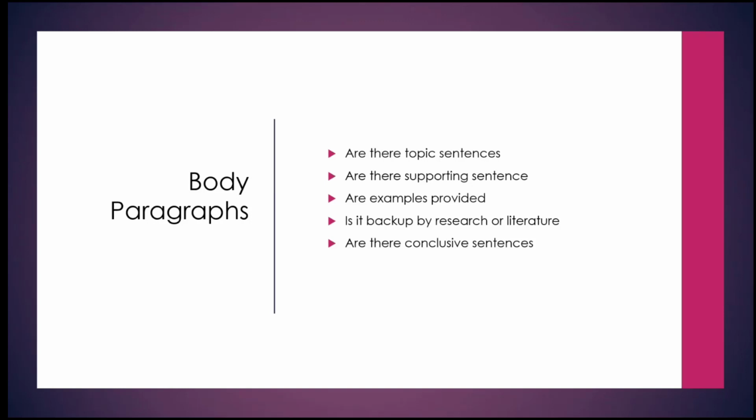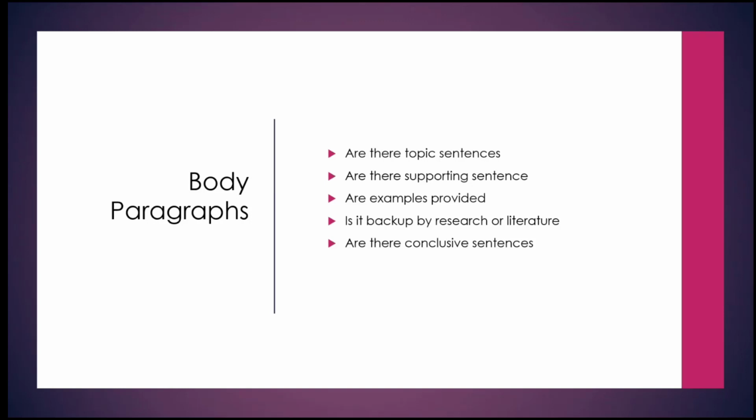For example, if you're writing a scientific report and you're at the methods and materials, and you're explaining, you might not always have a topic sentence, explaining, supporting, and so on. But you will need to make sure that there is some kind of a structure in your paragraph.